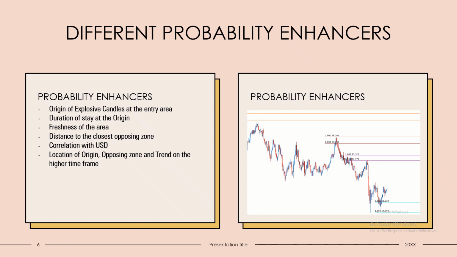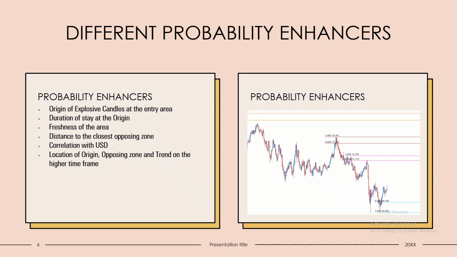However, statistically we've seen that these enhancers help us win a trade better than without them. This list is not exhaustive and you could have many more, provided that you've got statistical analysis of data backing the existence of the enhancers which you use while going into a trade.